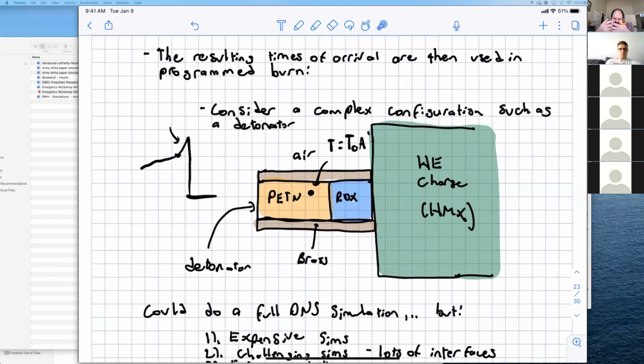But basically, what that gives us is the effect of the detonation curvature without needing to do a full detailed reactive burn simulation.